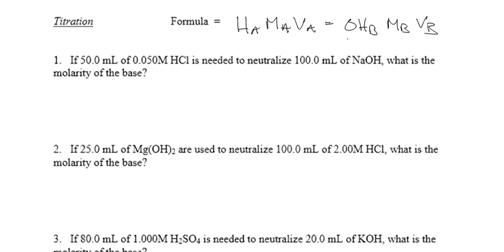We're going to use this as our basic formula. We are going to follow ESA, equation substitution answer, but let's go ahead and start with the substitution for number 1.